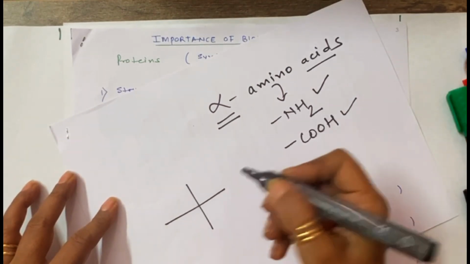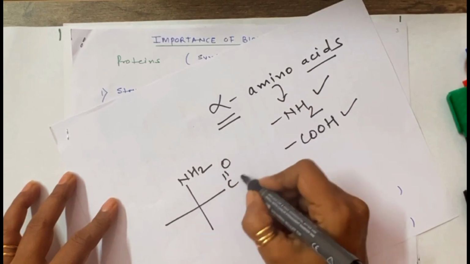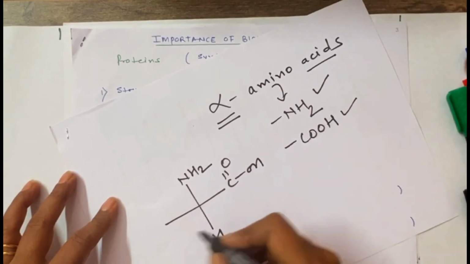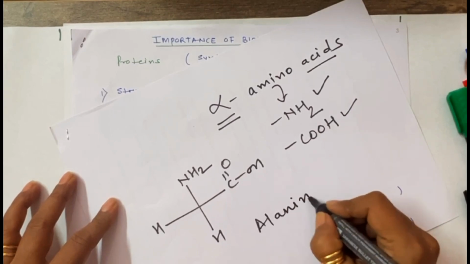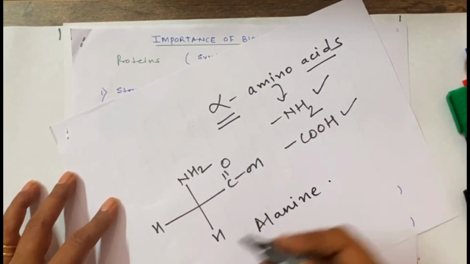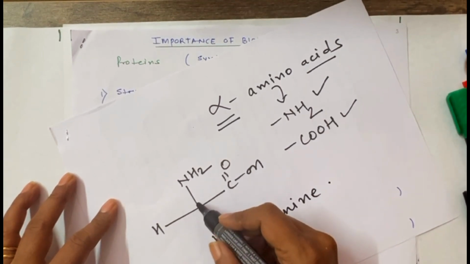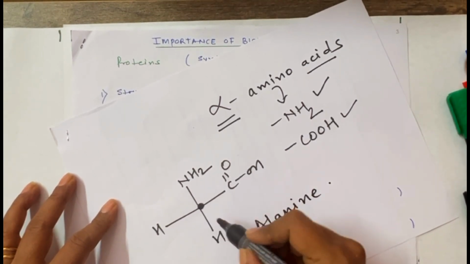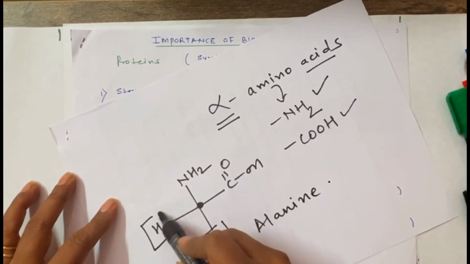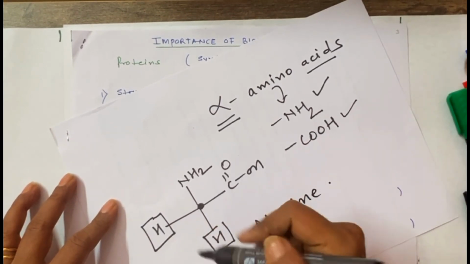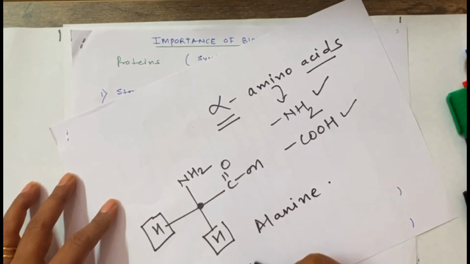For example, if we just draw this kind of amino acid, alanine. So this is your simple amino acid, alanine, which is not a chiral compound, which means that the carbon is attached to same type of groups as we can see here, hydrogen. These are two same groups, so it is a kind of achiral compound.